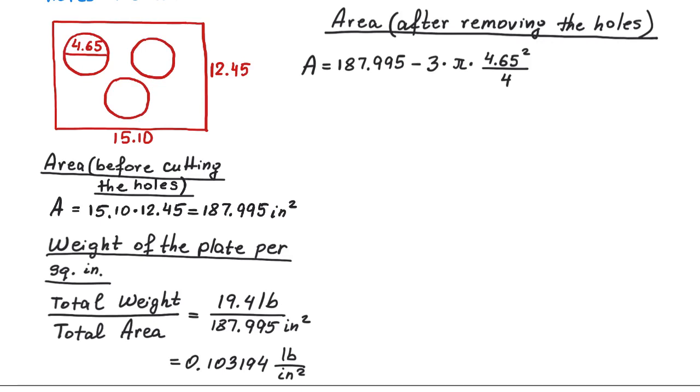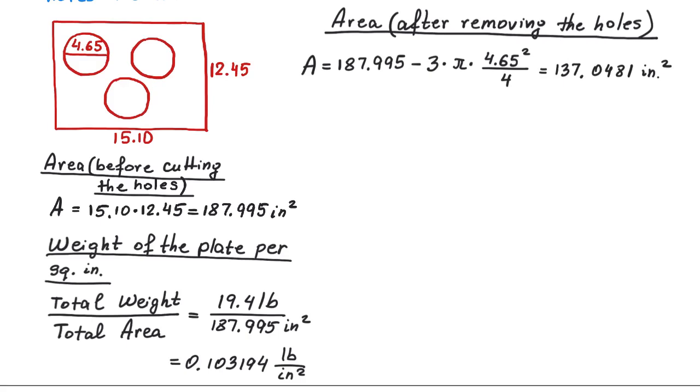So we took the whole area and we are subtracting the areas of 3 holes. With the use of a calculator, we will get that this area is approximately 137.0481 square inches.